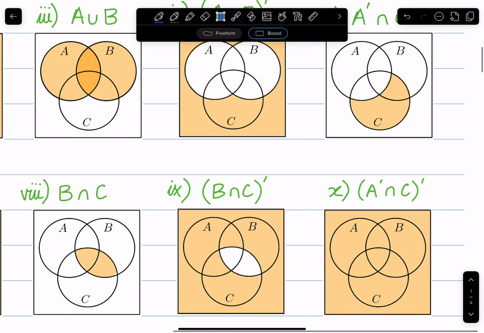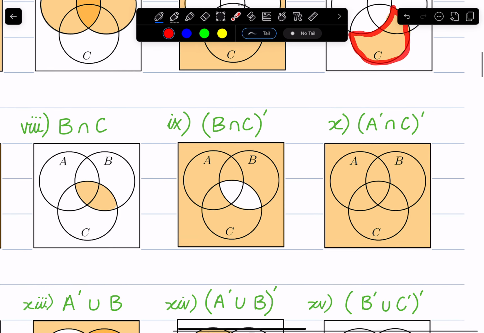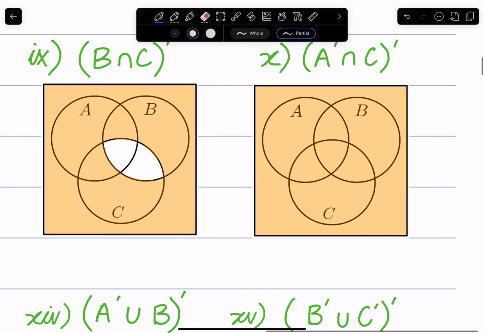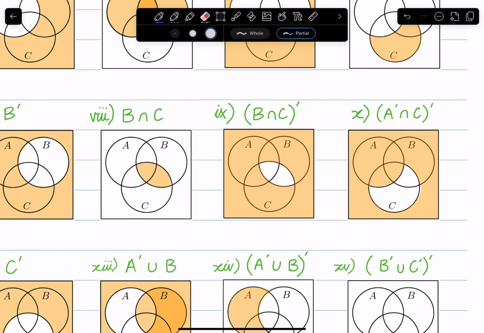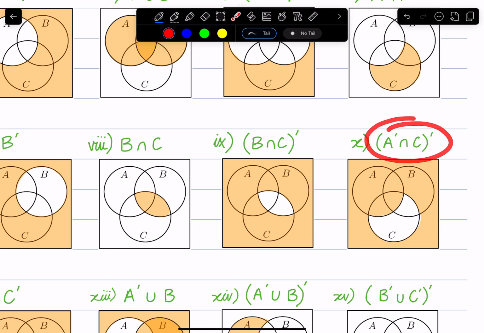Just looking back to our previous, everything that is not inside this. Let's just erase the bits that we don't need in this one. It will be something like so. That is the complement of not A intersect C.